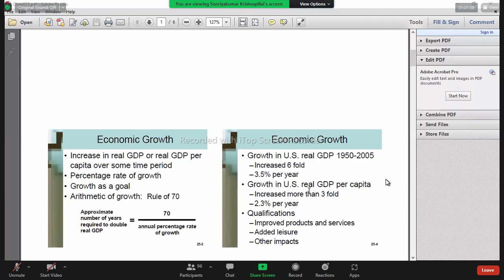Developed countries, if they want to grow faster, have to invent new technology. They are the inventors. If they invent new technology, then their GDP may grow faster. But the other countries are applying that technology, so they can grow faster.